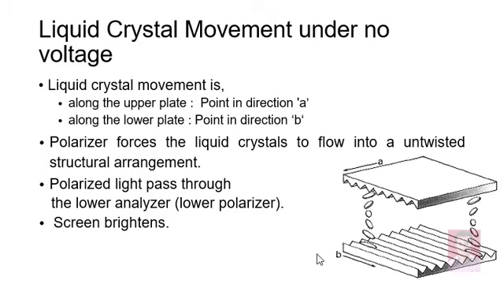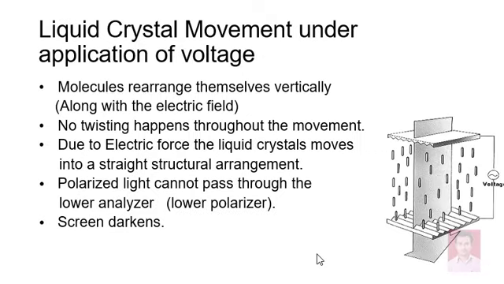Moving further, if I want the character to be displayed, we apply external voltage between these two plates. That is what we apply, VCC and ground. For every character that is sent, there is a change in voltage. This voltage generates an electric field in this vertical direction.